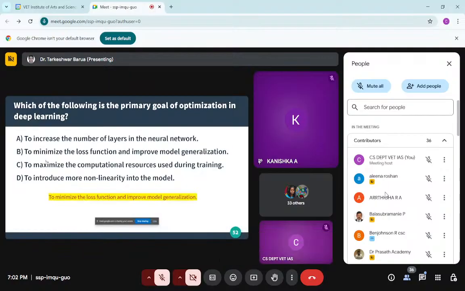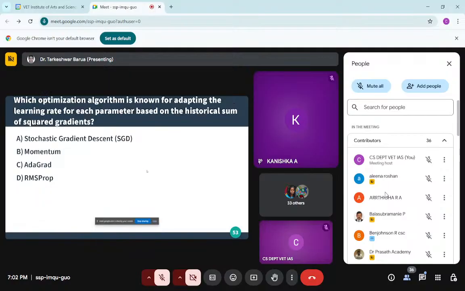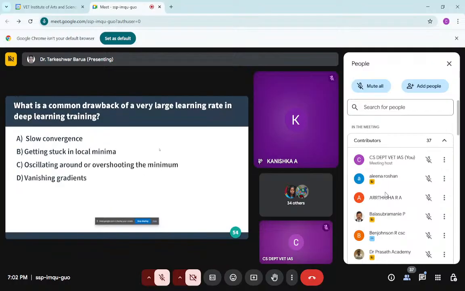So the answer is B. Next, which optimization algorithm is known for adapting the learning rate for each parameter based on the historic sum of squared gradients? Obviously AdaGrad. I will share the slides with you just after this.